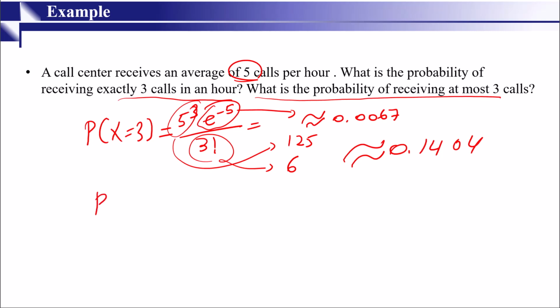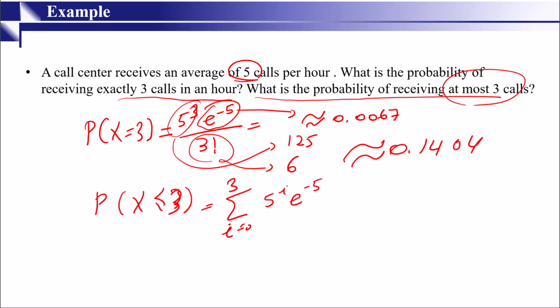And probability of x less than or equal to 3, because here it's at most 3 calls. For this one we use the CDF, so it is equal to the sum over i from 0 to 3 of 5 to the power of i, e to the power of minus 5, divided by i factorial. So i is 0, 1, 2, 3, right?